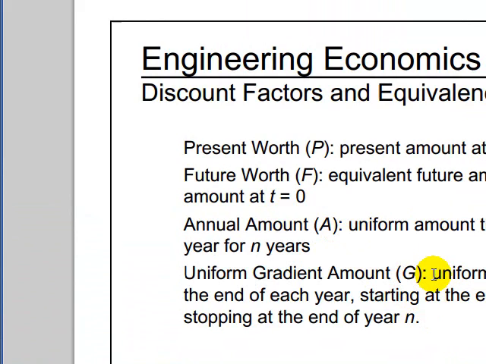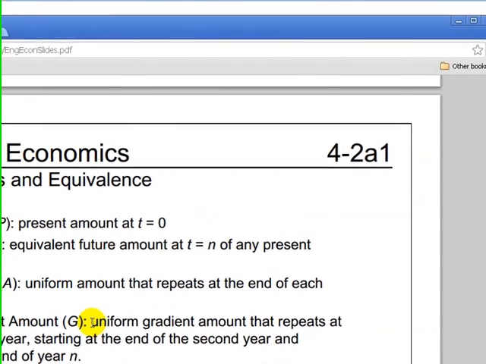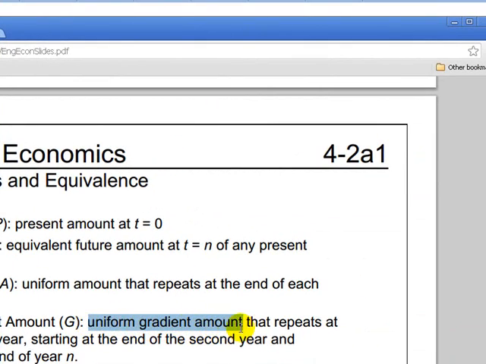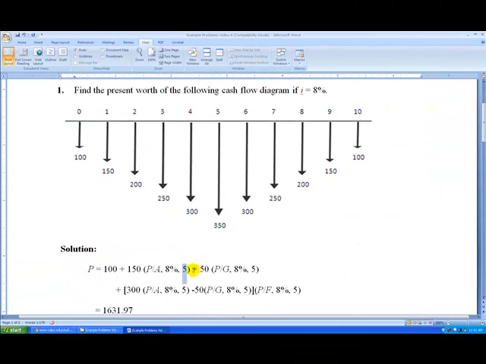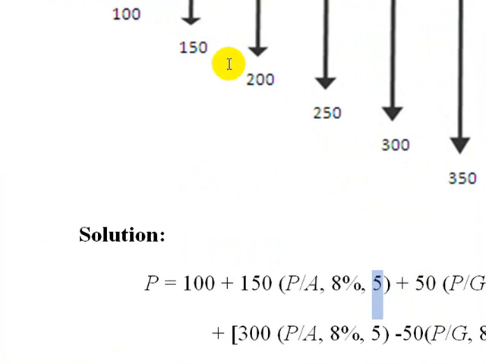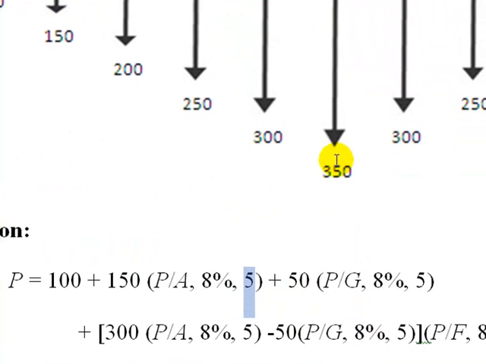G is not a uniform amount, but a uniform gradient amount that repeats at the end of each year. Gradient means incremental amount, right? And if you look at the tables at the back of the book, you will see the factors for G as well. So we write down here plus 50, because 50 is the G value.